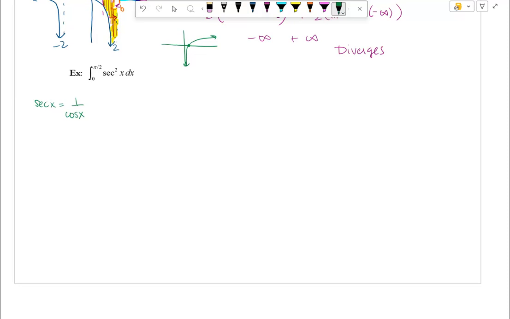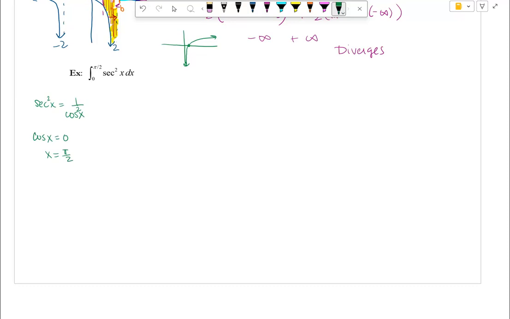So I know that secant of x is undefined anywhere that the cosine of x equals 0, and between 0 and pi over 2, that's going to happen when x equals pi over 2. So remember, if secant x is 1 over cosine, secant squared is 1 over cosine squared. All right, so we know at pi over 2, we're going to have an issue. We're going to have a vertical asymptote.